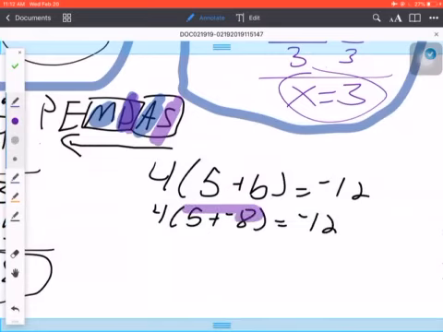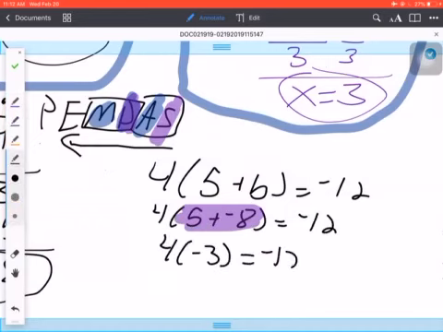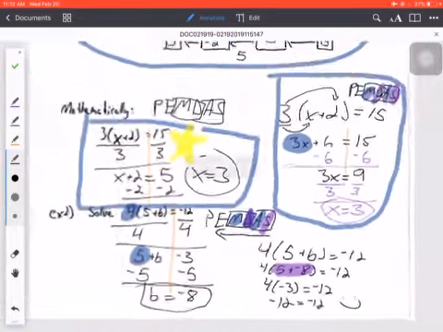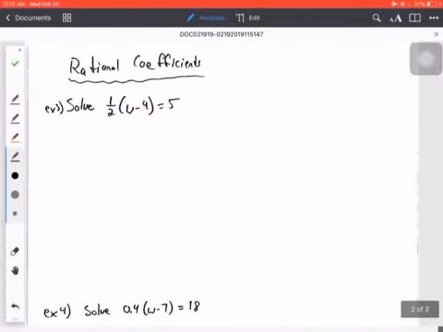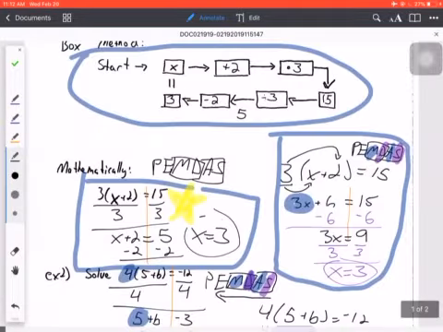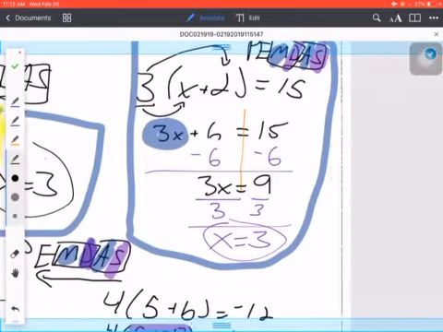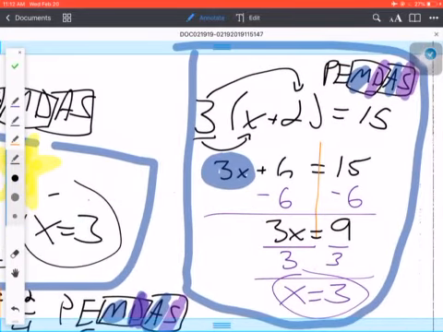This right here simplifies to negative 3, so I have 4 times negative 3, and 4 times negative 3 is negative 12. So my work checks out, which is good. If you want to see how to use the box method or this other method, please see me and we can talk about that.